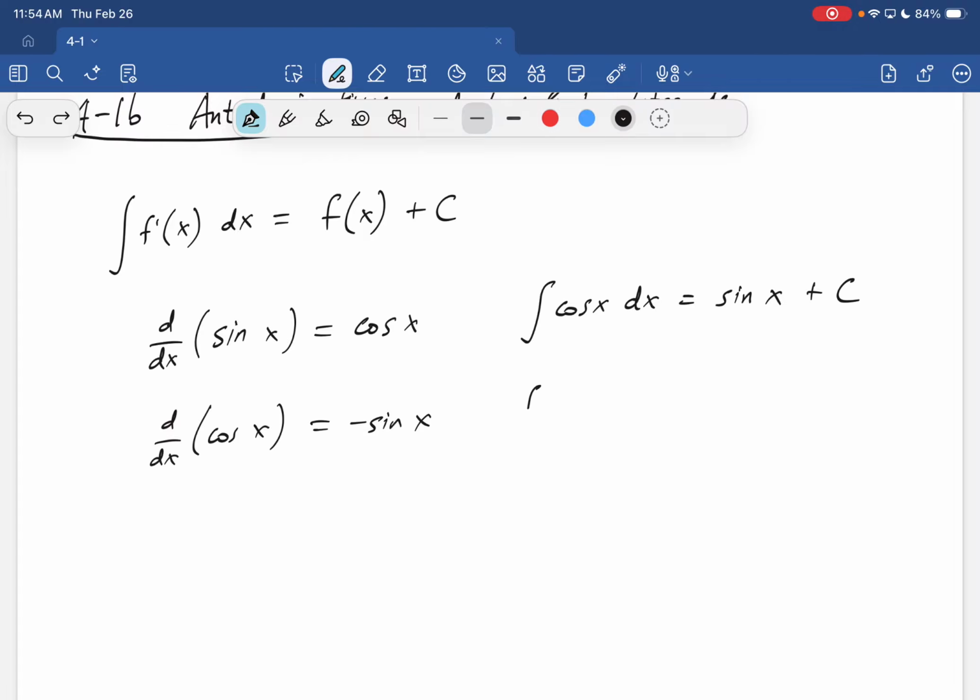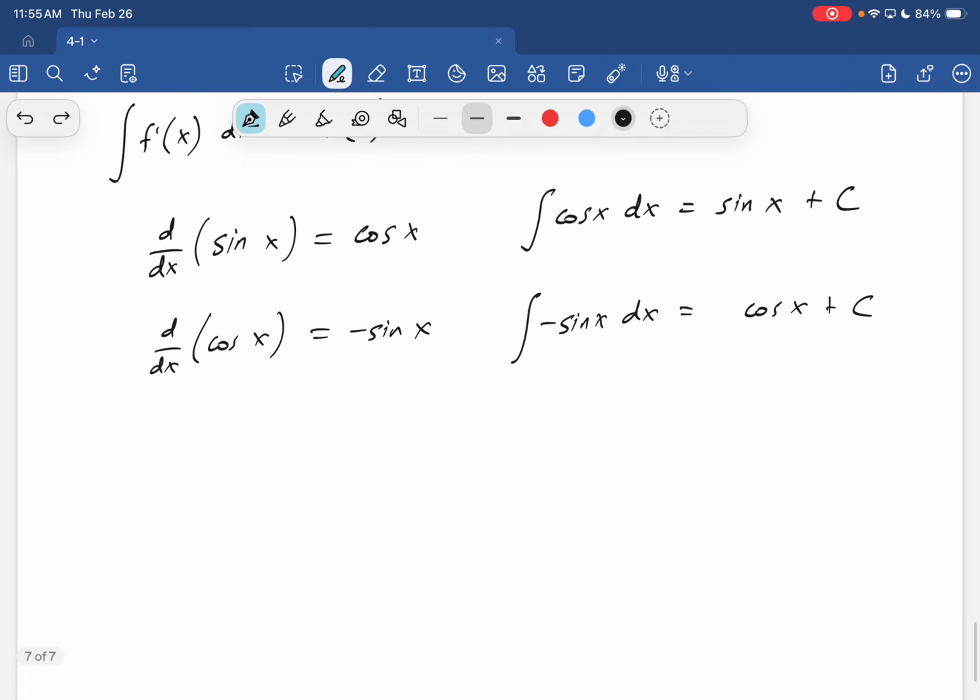In the same way, the integral of negative sine x is going to be cosine x because we're really just flipping the derivative. So if the derivative of cosine is negative sine, then the derivative of negative sine is going to be cosine.